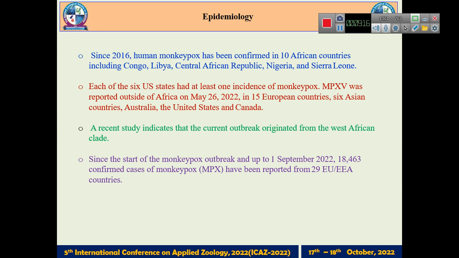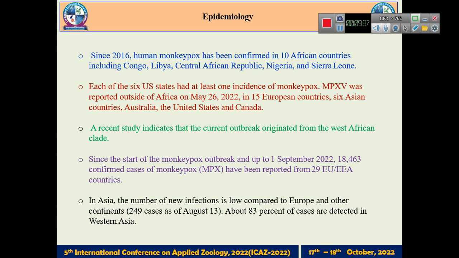Since the start of the monkeypox outbreak and up to the 1st September 2022, 1,804,063 confirmed cases of monkeypox virus have been reported from 29 countries.